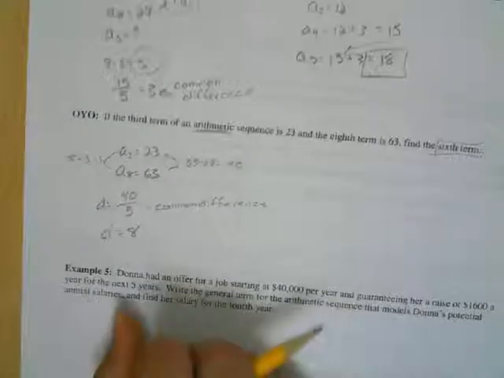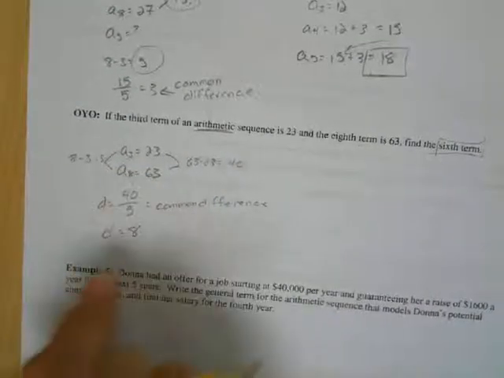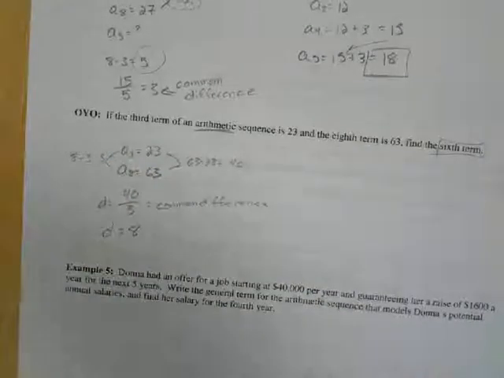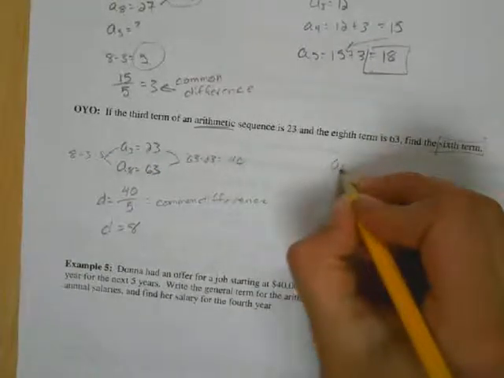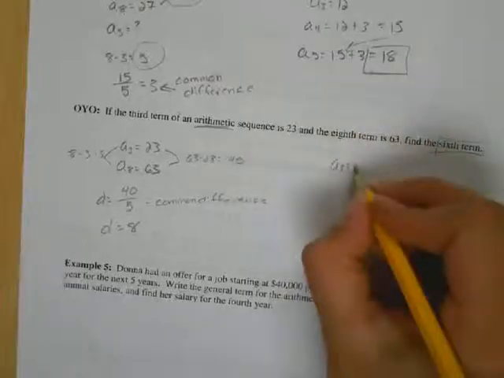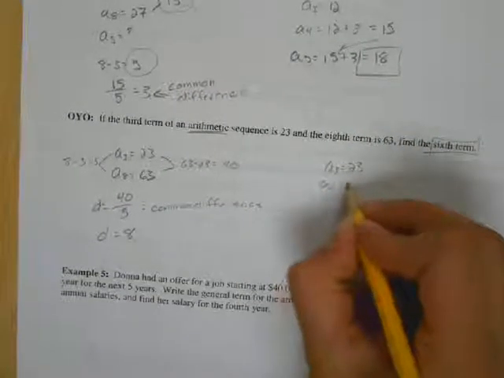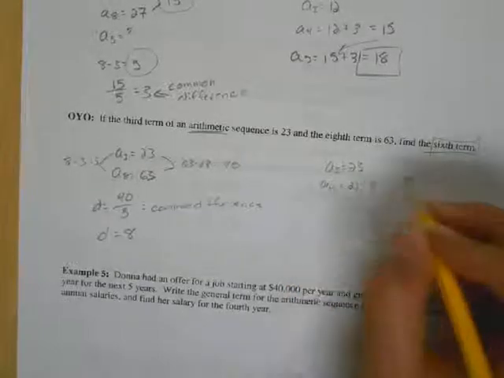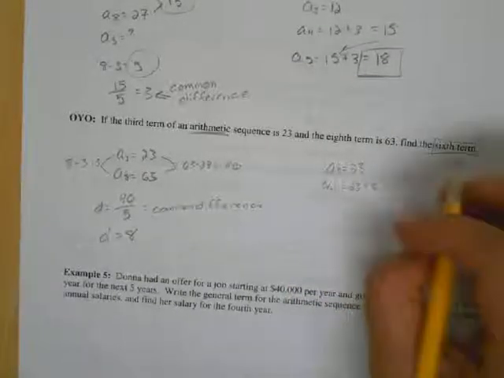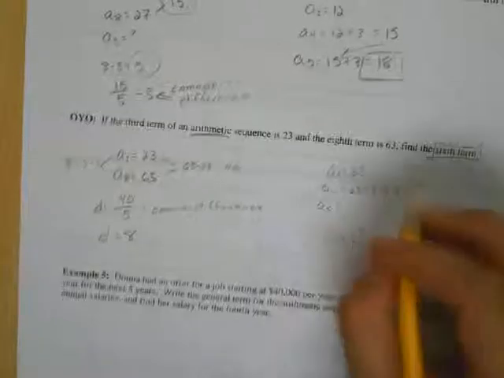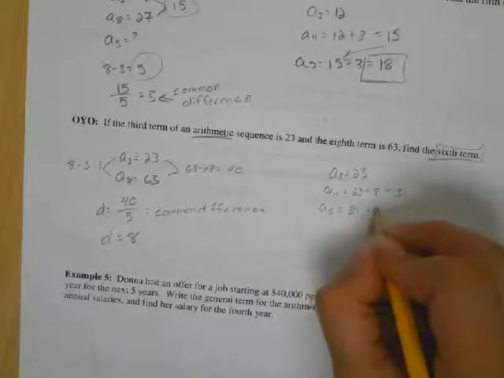Well, I've got the 3rd term and the 8th term. Again, I can either count up from 3 or I can count down from 8. Take your pick. So if a sub 3 is 23, a sub 4 is 23 plus 8, which is going to be 31. a sub 5 is 31 plus 8, which is going to be 39.